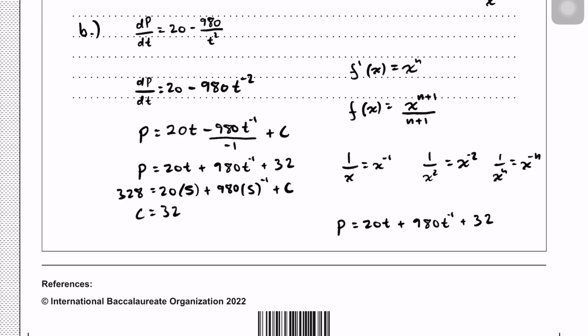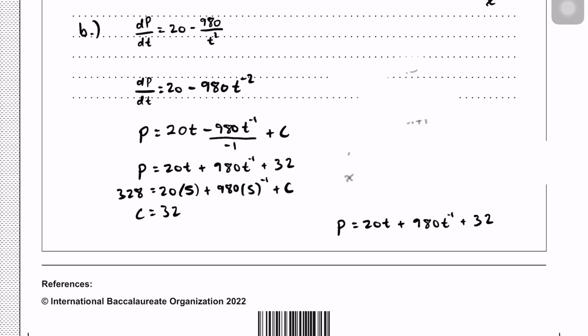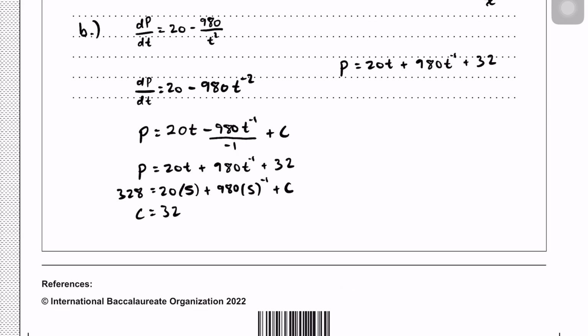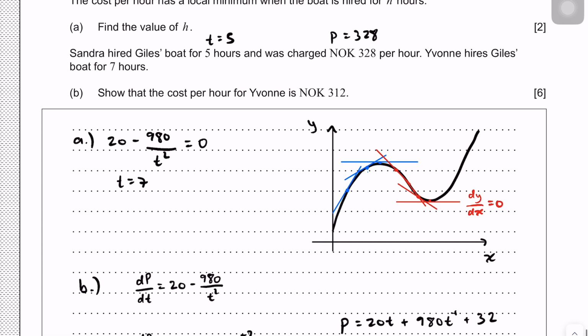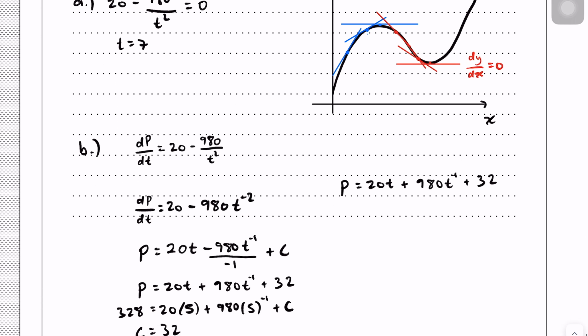Okay, I'm going to erase this part because I don't think we need it anymore. But we might need some more space for this question. Okay, so here's our function relating p and t. What we want to do at the end is show that the cost per hour for Yvonne is $3.12. So Yvonne hires the boat for 7 hours. That means t is equal to 7 and p should be equal to $3.12 if we've done everything correct.